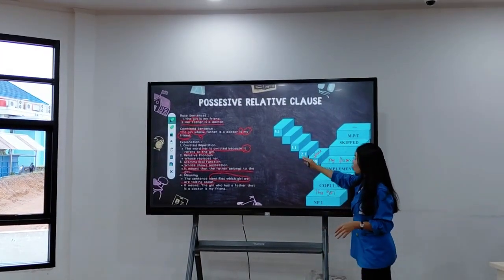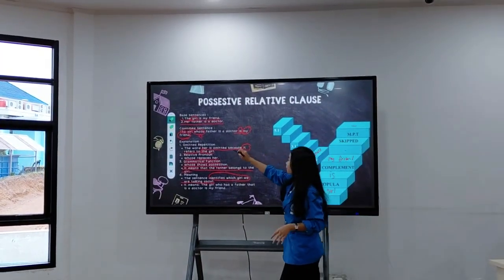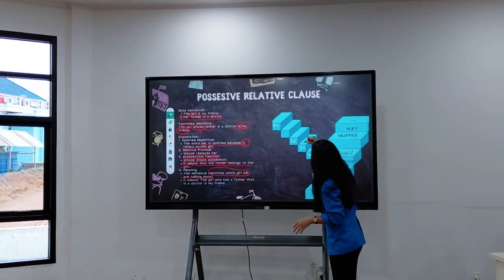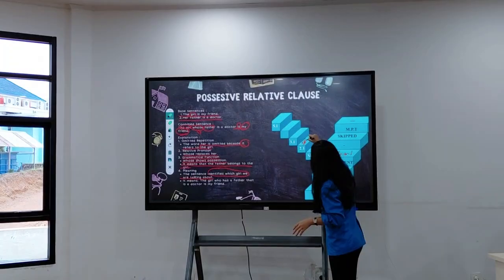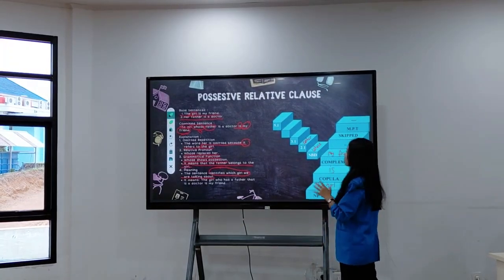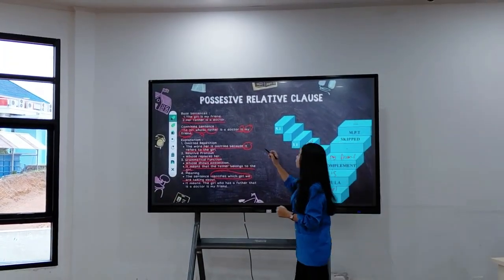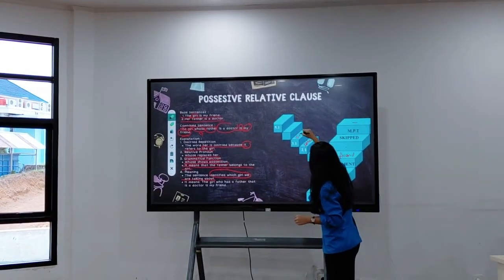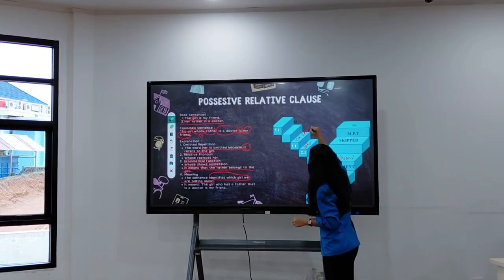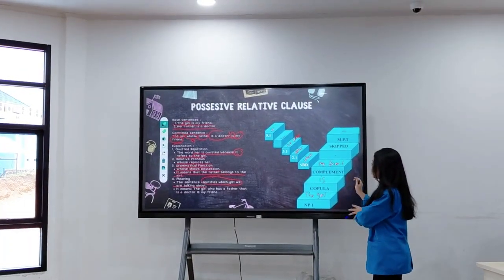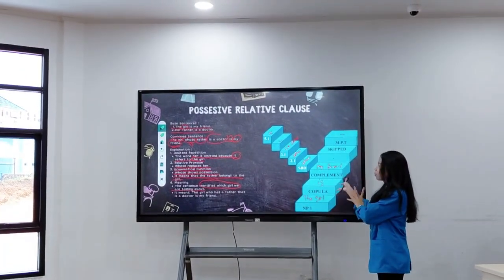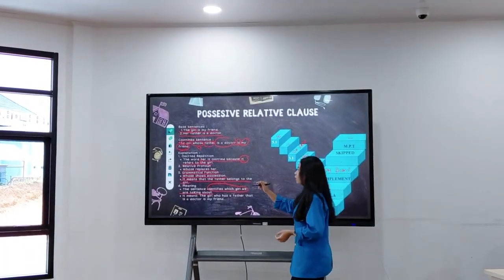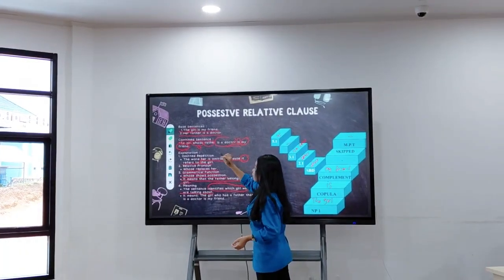In stage 2, we write father. In stage 3, we write is a doctor. So this is for the stairs in the possessive relative clause. The combined sentence is the girl whose father is a doctor is my friend.